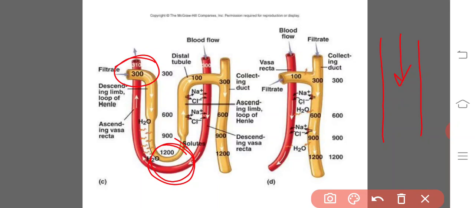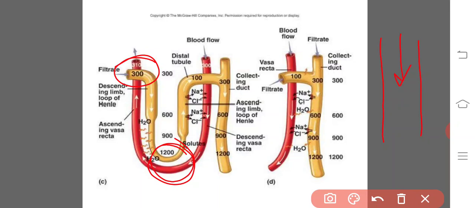We have already discussed in selective reabsorption that sodium chloride from the Henle's loop and urea from the collecting tubules are reabsorbed and stored in the medullary tissue.